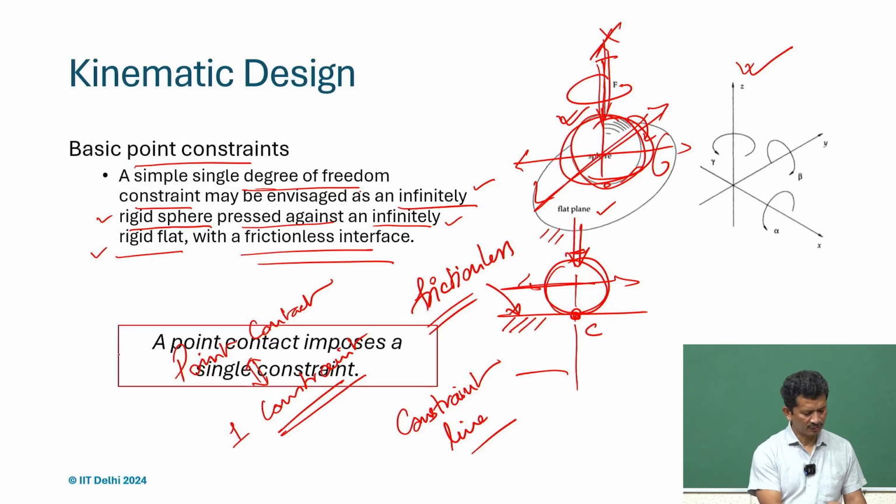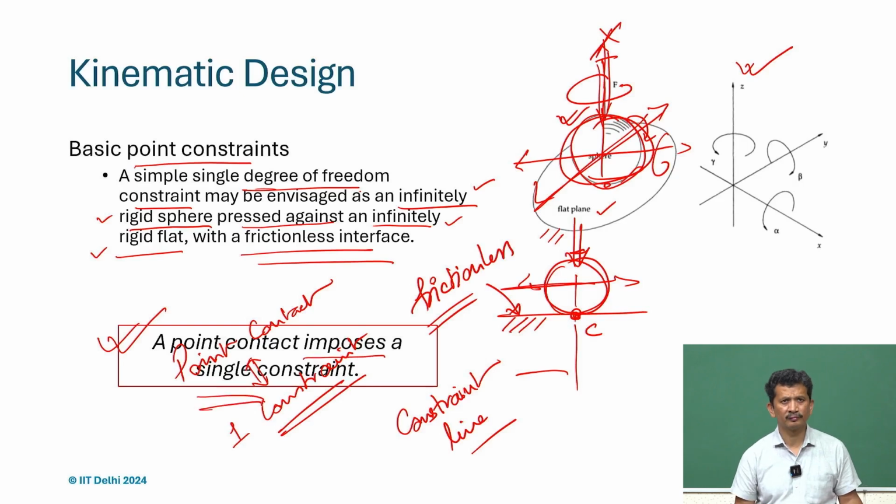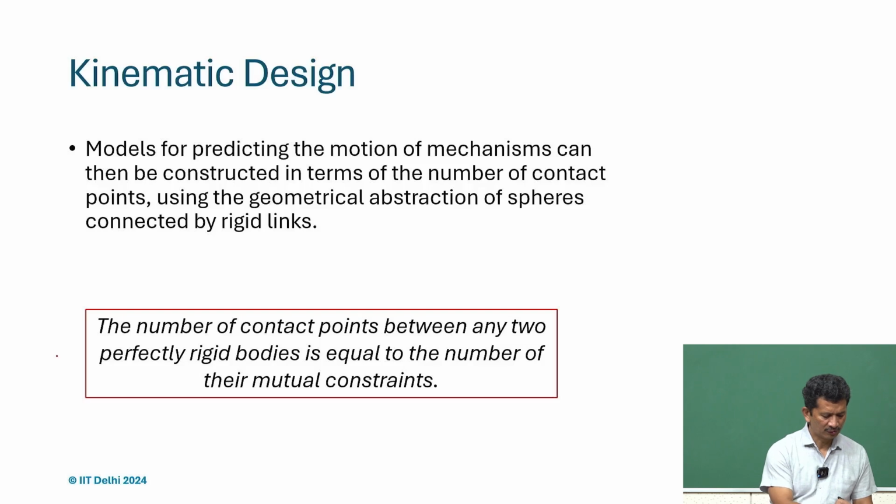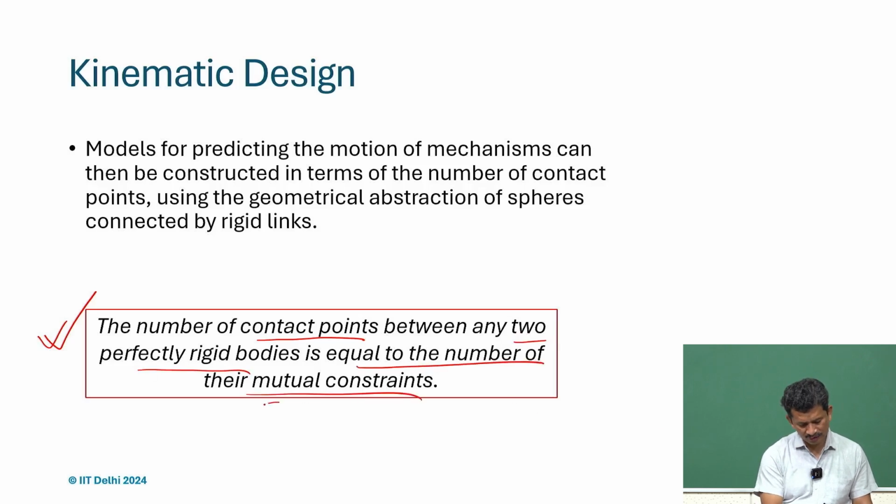So, what we are just highlighting here is that a point contact imposes a single constraint. In general, we can say that the number of contact points between any two perfectly rigid bodies is equal to the number of their mutual constraints.